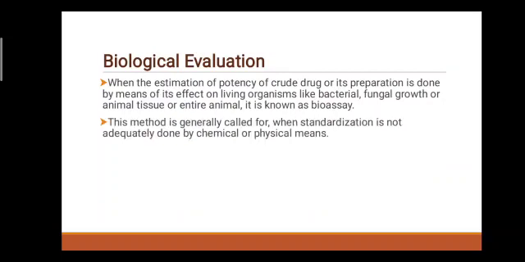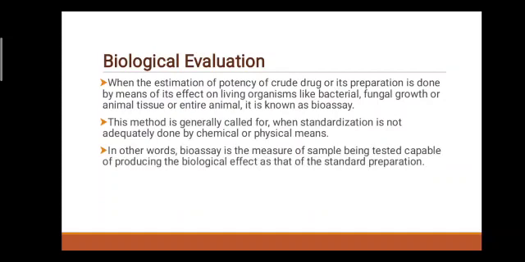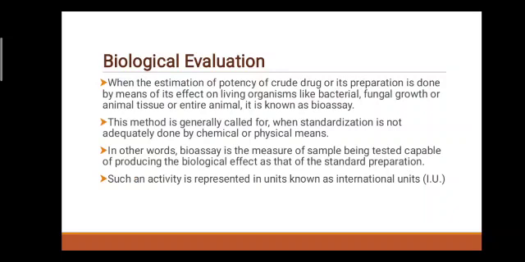This method is generally called for when standardization is not adequately done by chemical or physical means. In other words, bioassay measures whether the sample being tested is capable of producing the same biological effect as that of the standard preparation. Such an activity is represented in units known as international units, that is IU.